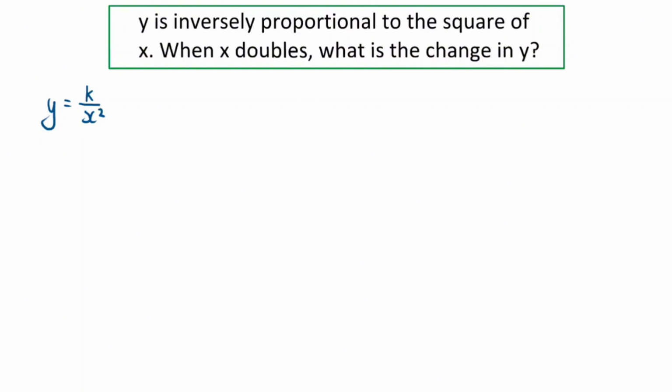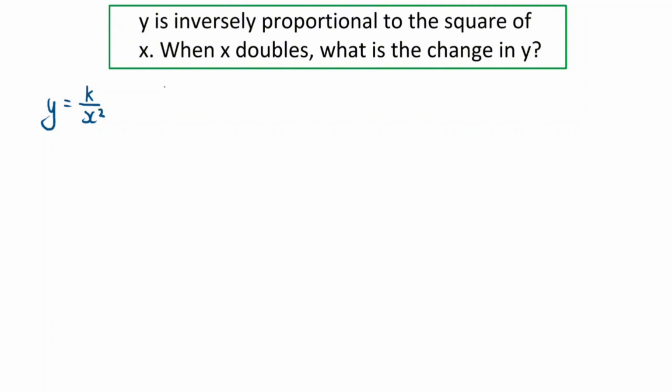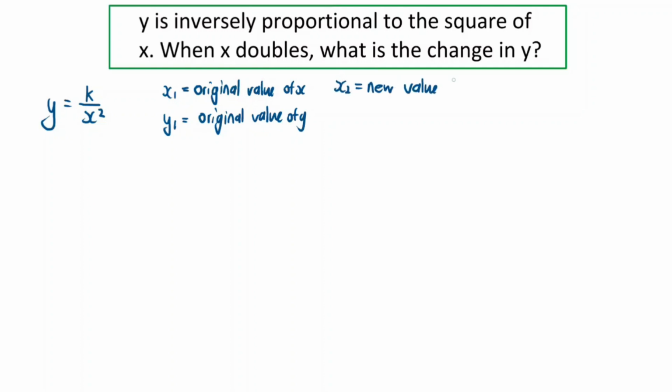Then next, I'll define a few variables to make answering this question a bit easier. So first we have x1, which is our original value of x. And we have y1, which is the original value of y. And we have x2, which is the new value of x.